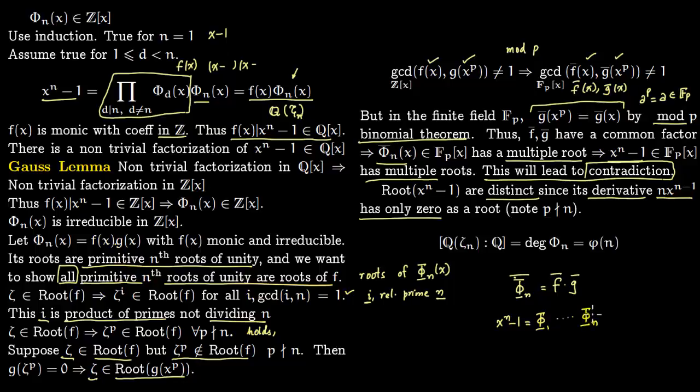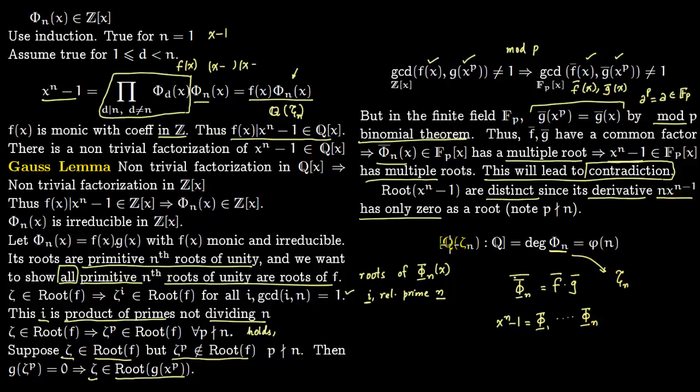So you basically have all primitive roots of unity becoming roots of f. So now we have this irreducible polynomial. So phi_n is irreducible in Z[x], and the root of this is our primitive root of unity, zeta_n.